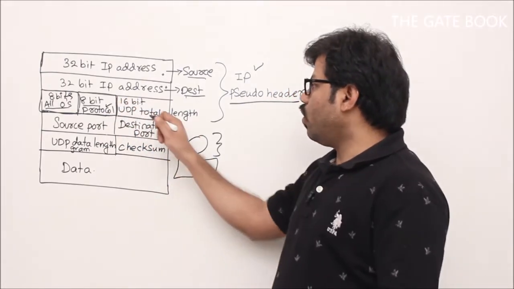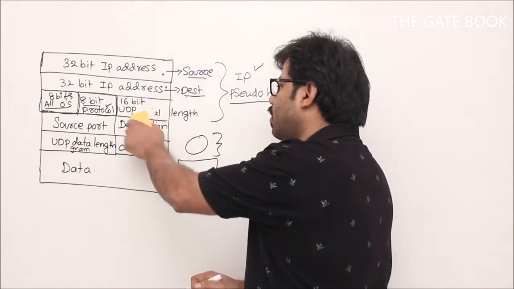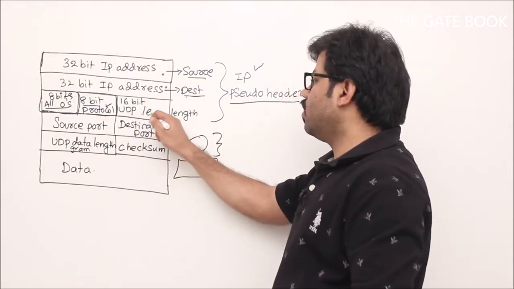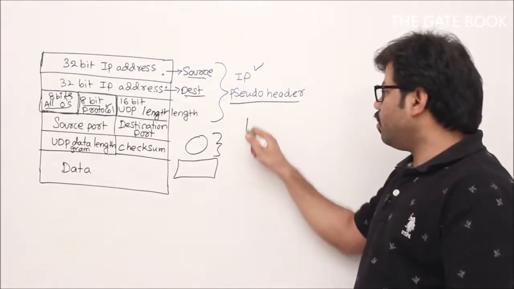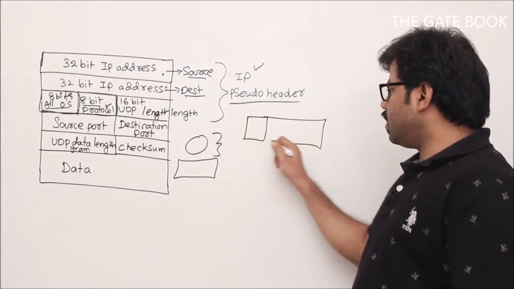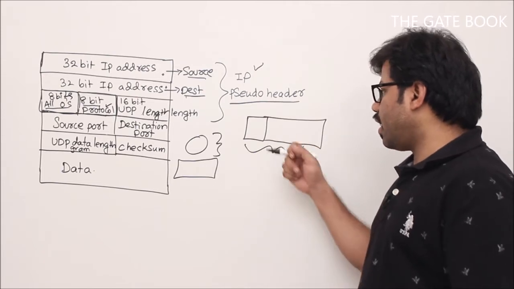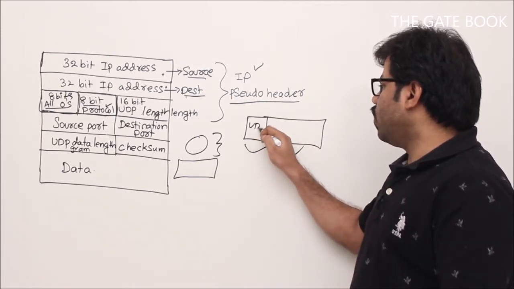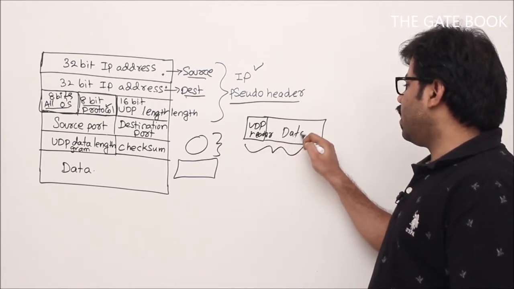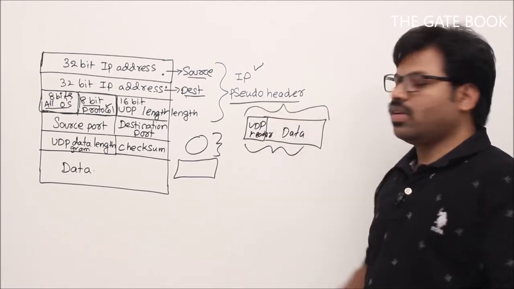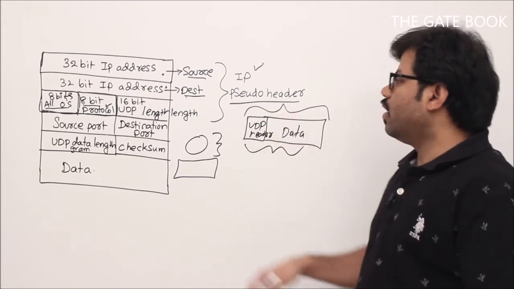That means we are going to take the UDP length. You know what UDP length is, right? UDP is a packet at the transport layer, so you will have the UDP header plus data. This entire thing is called UDP. So this 16-bit length will be taken here.